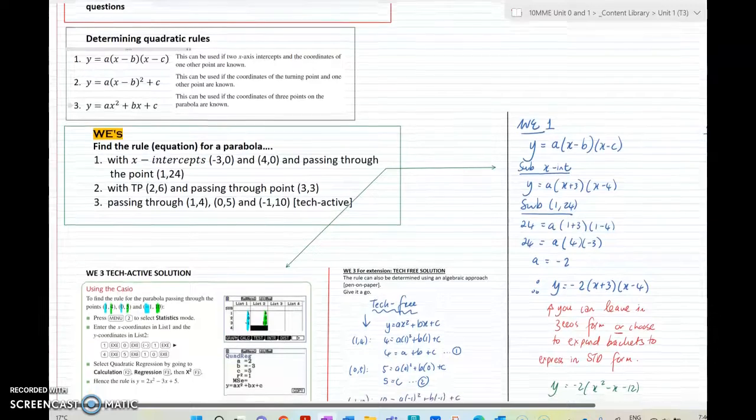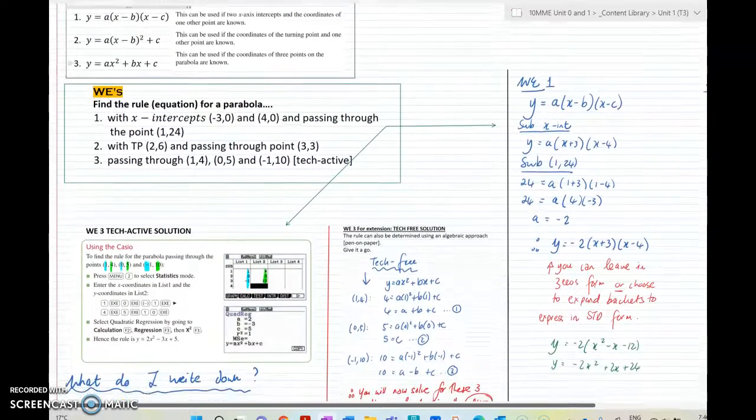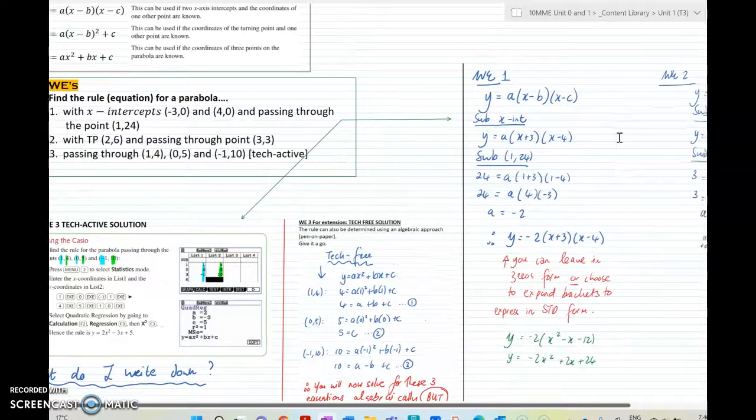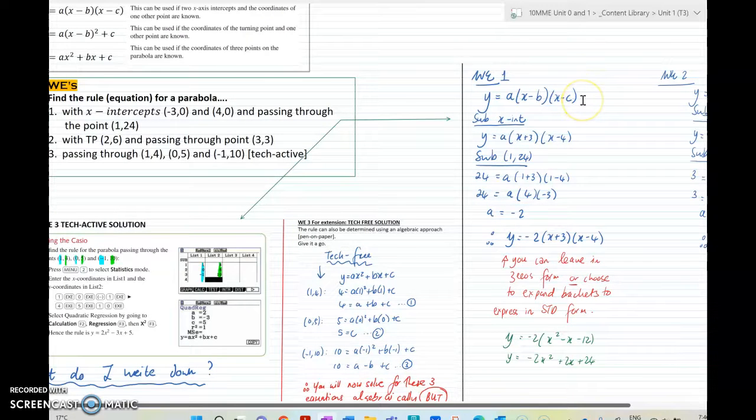All right, so quickly just talking about these three word examples here. For the first one, we give you the two x-intercepts and it passes through a point. So if you look onto the right here, you identify that it's the zeros form that you've got to use. So you substitute in your two x-intercepts, so it was -3, which now, of course, becomes x plus 3.